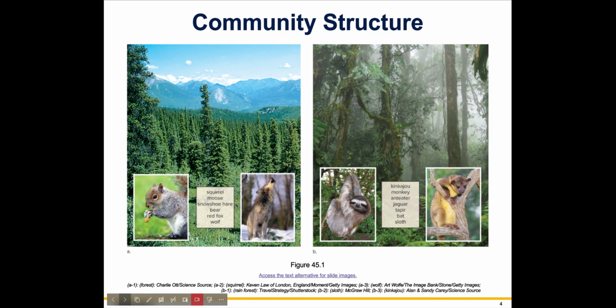And then we have something like a tropical rainforest that might have a kinkajou, a monkey, an anteater, a jaguar, a tapir, a bat, a sloth, plus the ferns and the vines and the trees. So that would be looking at the differences in that species richness, that diversity, and being able to categorize our community.